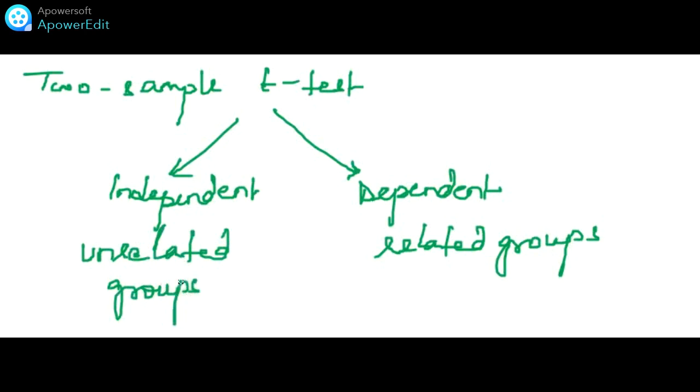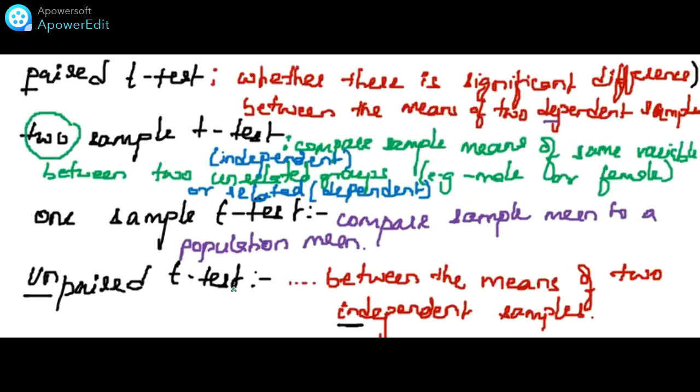Then it is independent two sample t-test. So in two sample t-test, sample means are compared of the same variable between either unrelated groups or related groups.